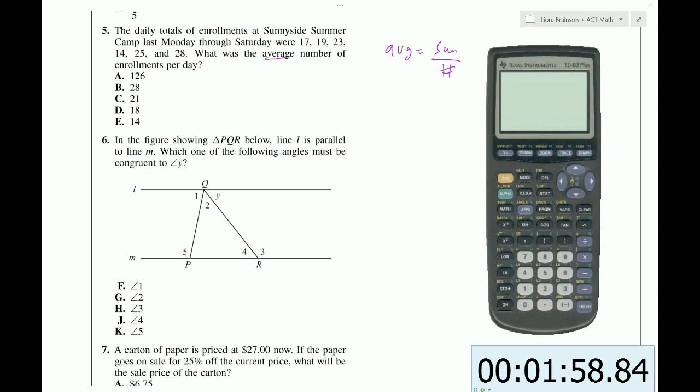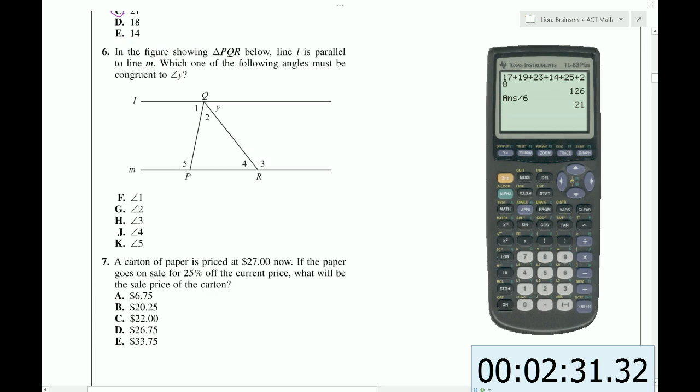So alright, so we've got 17 plus 19 plus 23 plus 14 plus 25 plus 28. That equals, divided by 6 is 21. So you'll notice that I made sure to make it equals before I divided, because if you just divide without parentheses, you'll get the wrong answer.